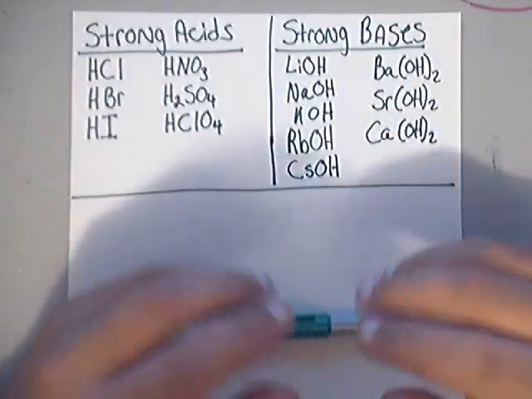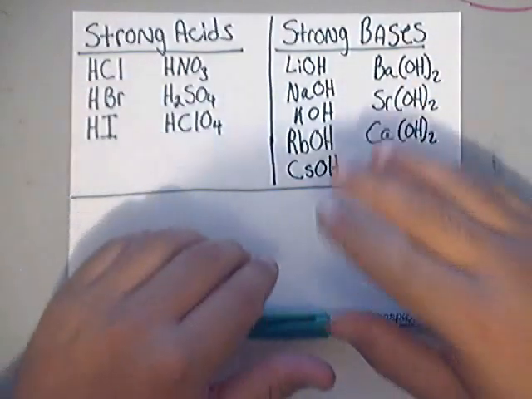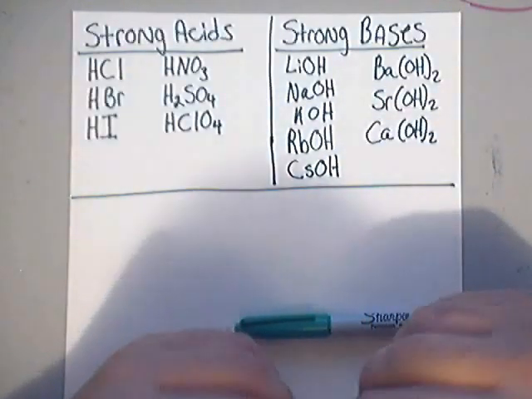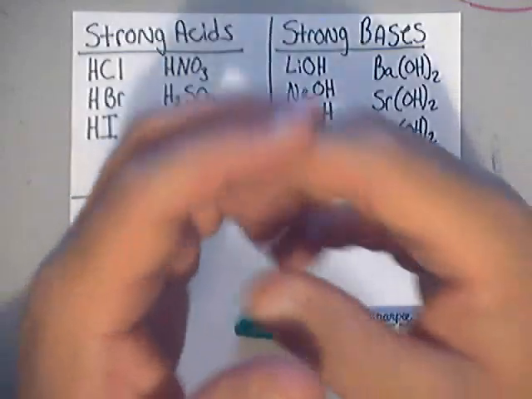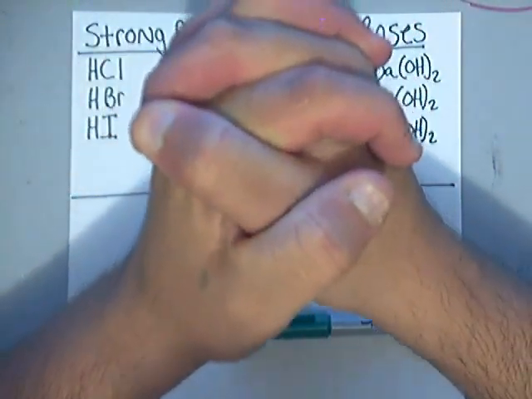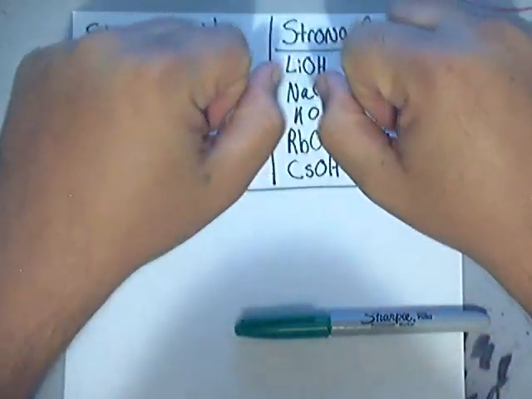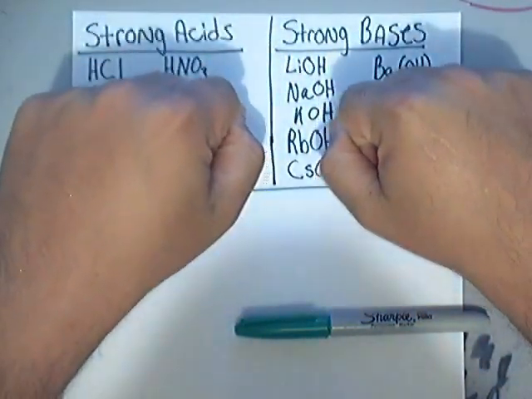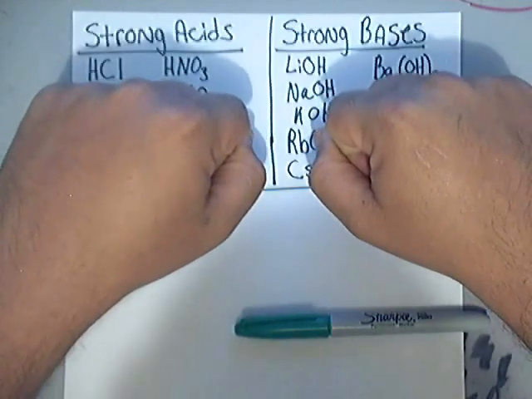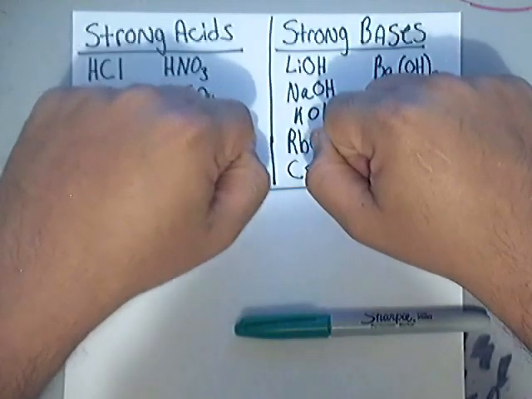Strong acids and strong bases are considered strong because once they go into water, 100% of them break apart into ions completely. They dissociate, meaning break apart, 100%.